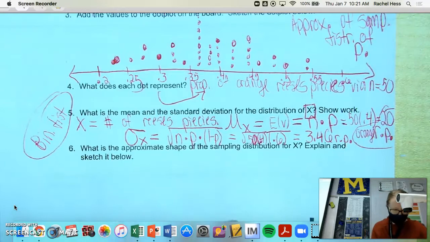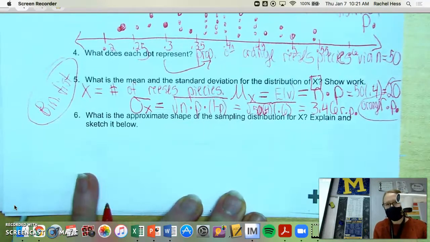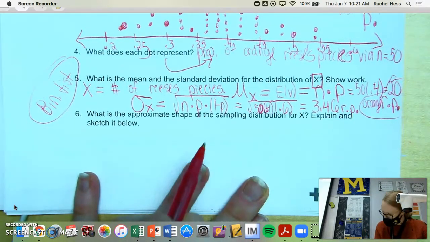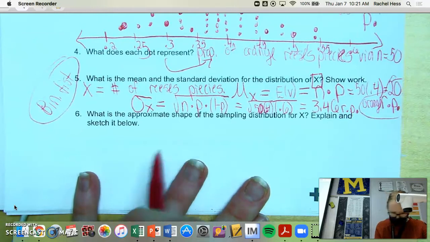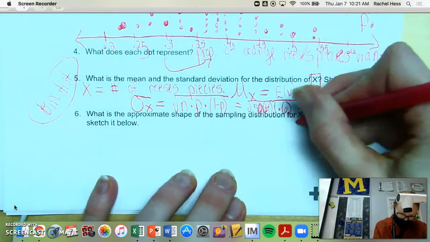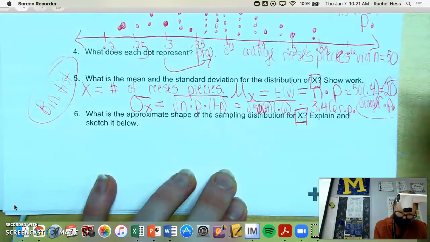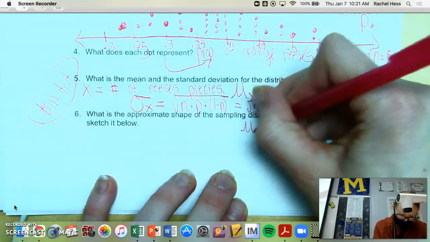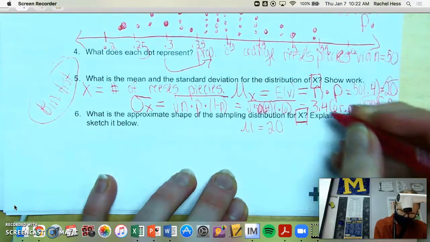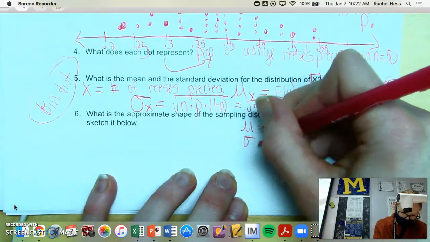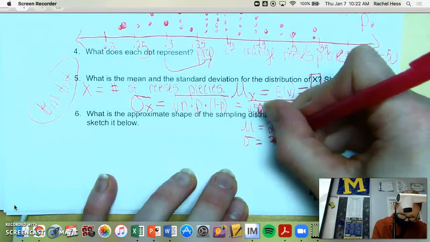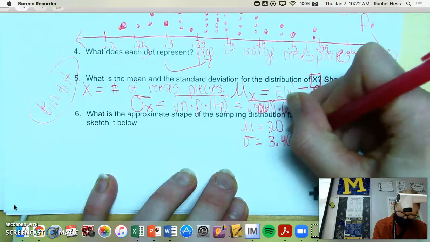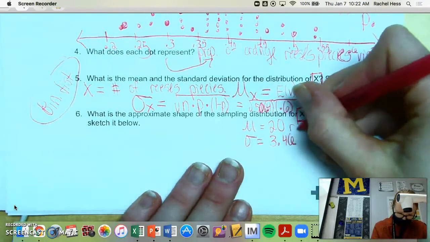Okay. If you look at the approximate shape of the sampling distribution of X, remember, we have a mean equal to 20 for the X. That's the number of Reese's Pieces. And the standard deviation, the average distance, was 3.46 Reese's Pieces, right?